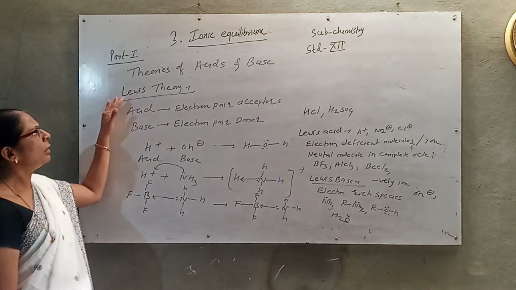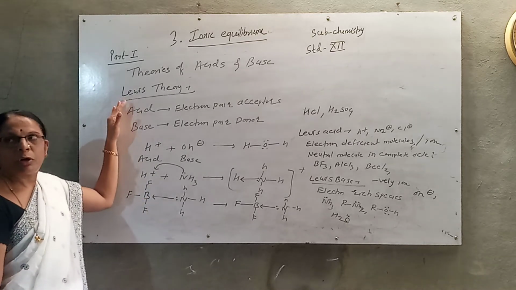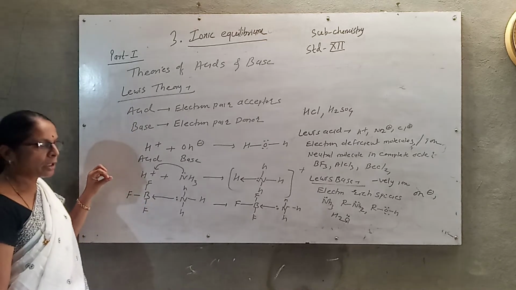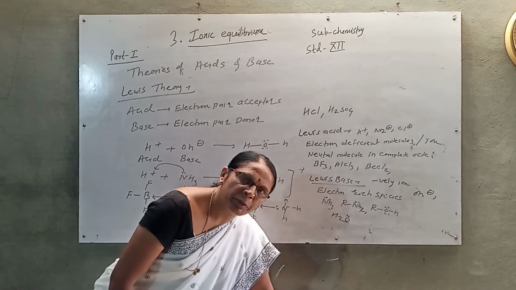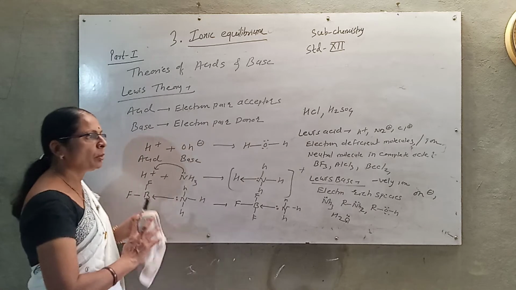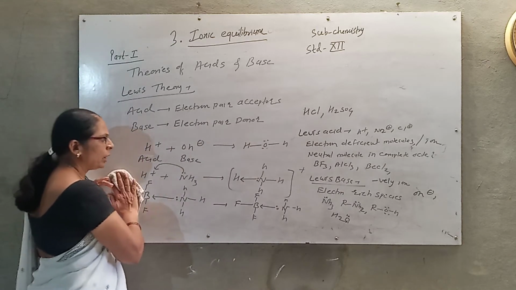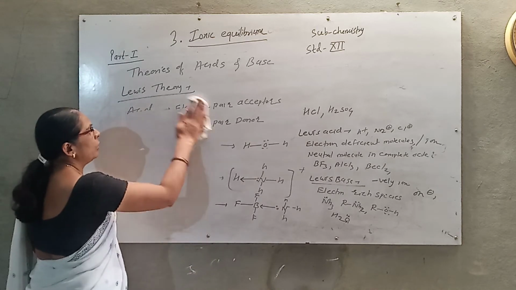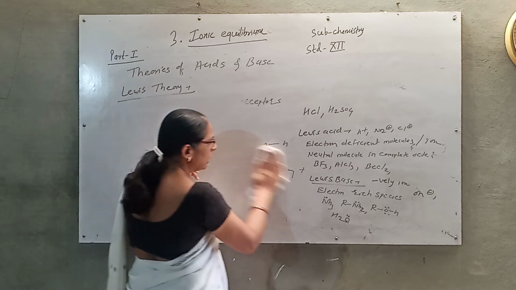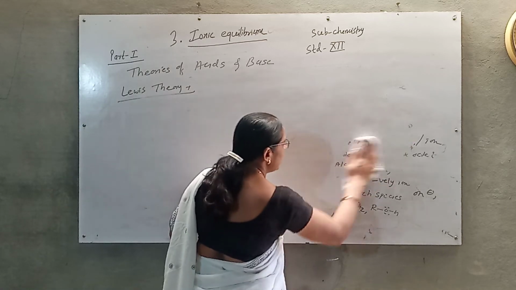So what are the drawbacks of the Lewis theory? It defines acid and base only in terms of electron pair donor and acceptor. It does not consider the nature of the commonly used acids HCl and H2SO4.